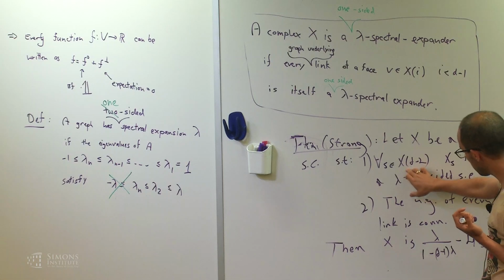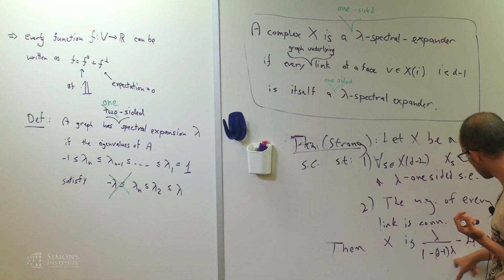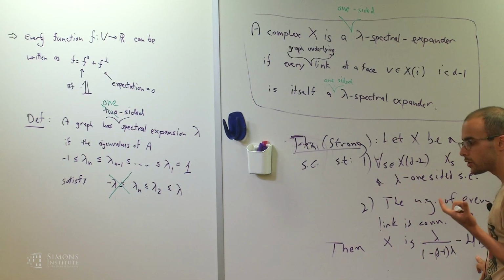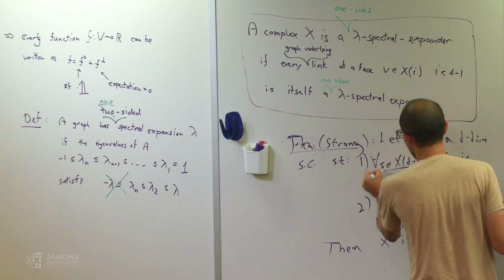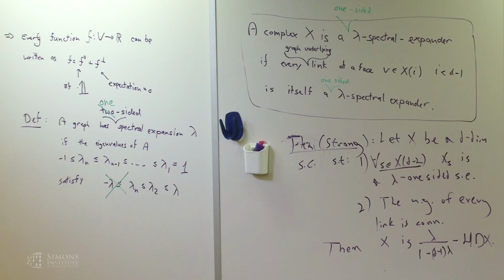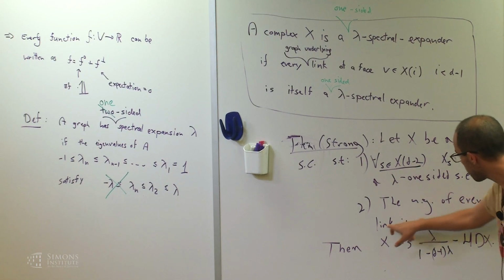And here, if you only want a bound on the expansion of all links, you only need to consider links of codimension 2, and you only need to show something that's usually much weaker, just that the underlying graph of all the other links is connected.